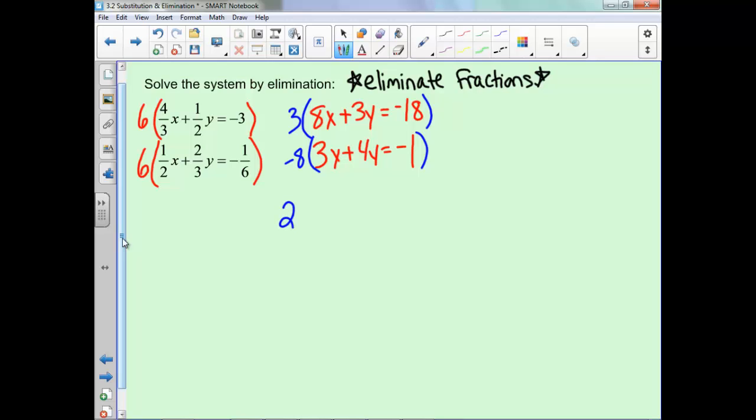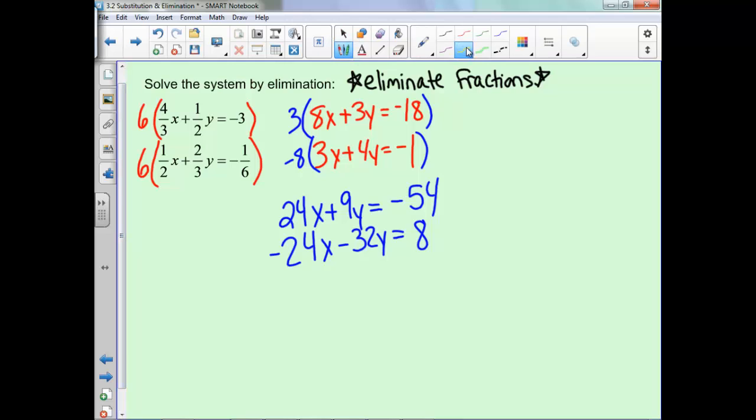And we'll get 24x plus 9y. So we'll have our two equations. Now notice our x's here are opposites, so we can go ahead and just add our equations. So our x's go away.